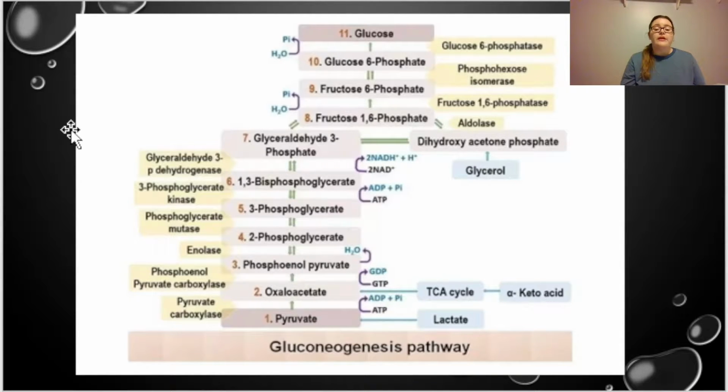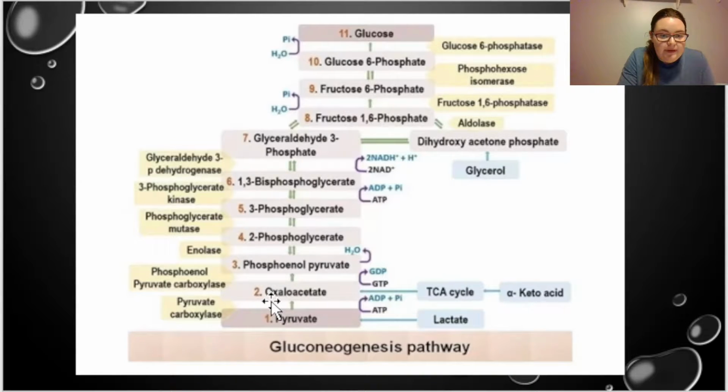For the gluconeogenesis pathway, we start out with pyruvate, and again this is going to be times 2 because we have 2 molecules of pyruvate to conserve our mass. We have all of these enzymes that catalyze these individual reactions.